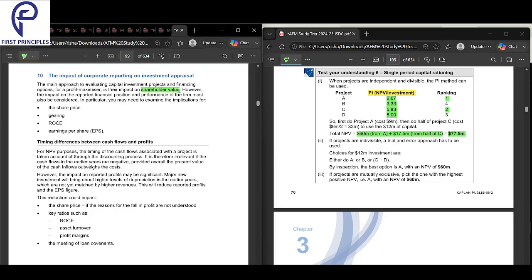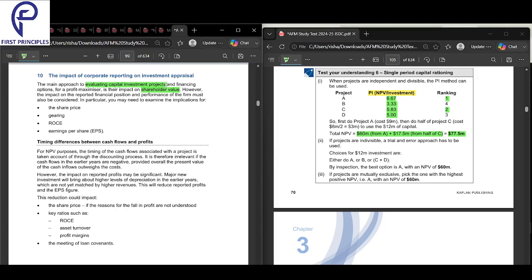No matter whatever you use, whenever you evaluate an investment project, the ultimate thing you want to know is what is its impact on shareholder value.